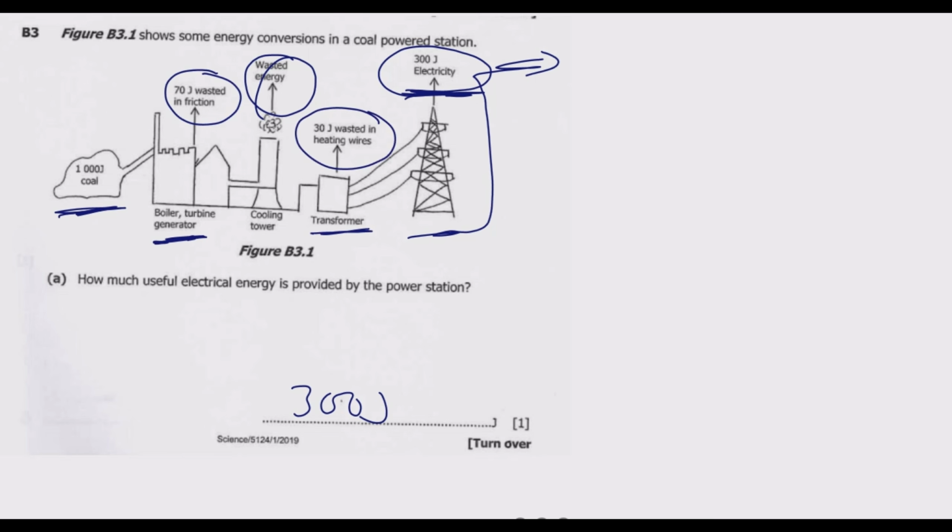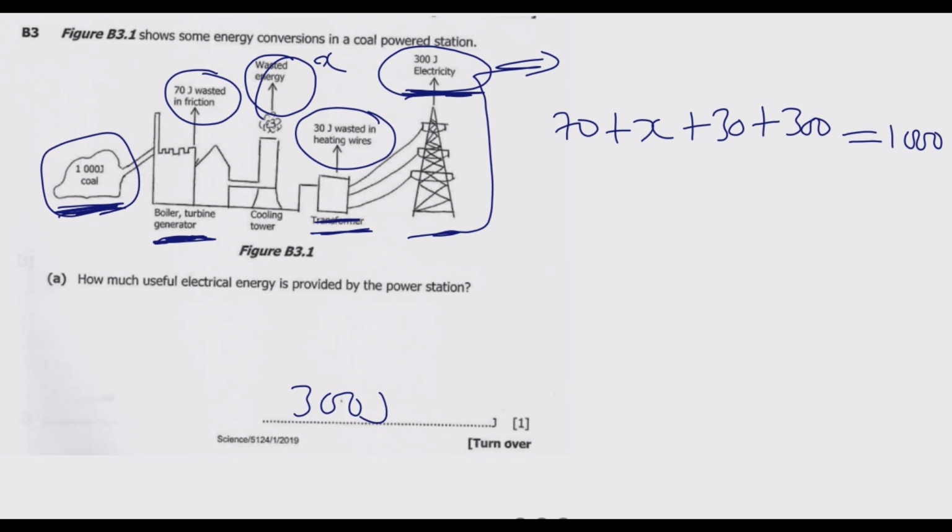So if you start adding, 70 wasted at the boiler, plus the one wasted at the cooling tower, we shall call x, plus the one wasted at the transformer, which is 30 joules, plus the useful energy, this must add up to 1000 joules, which is at the core.